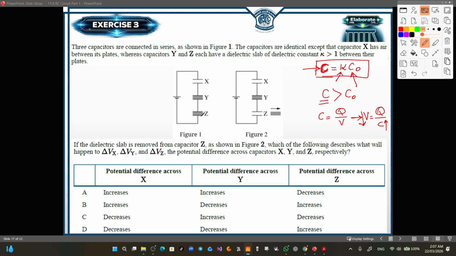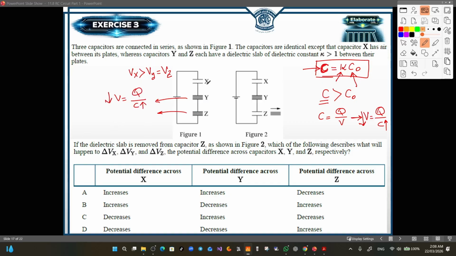Now, in the first trial, the potential difference across X is greater than the potential difference across Y and across Z. The reason for that is Y and Z have a dielectric slab, which means, V equals Q over C, the C is higher now, so the potential difference is less.